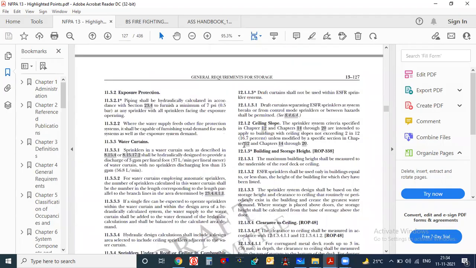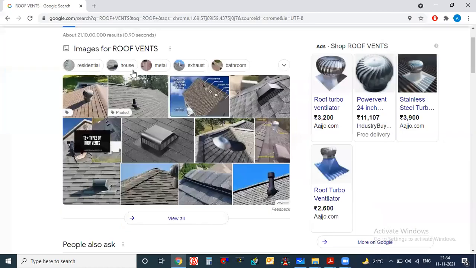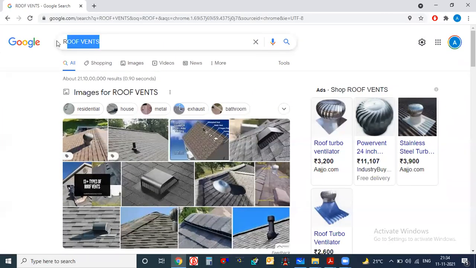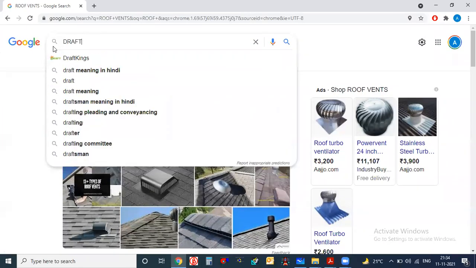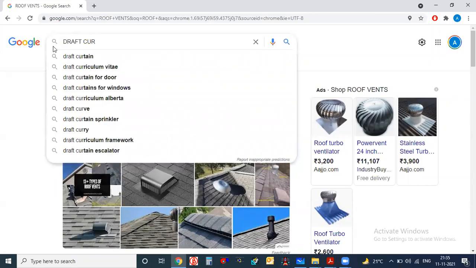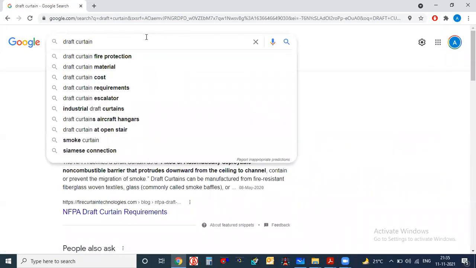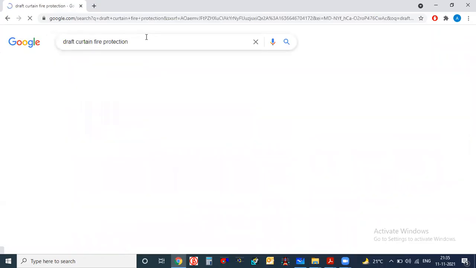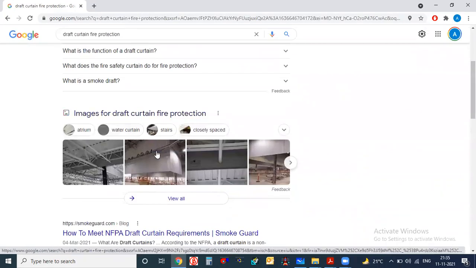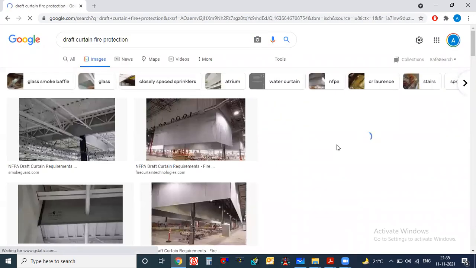And some points are written here about draft curtains shall not be used within ESFR. Let us see what is the meaning of draft curtain. Just by seeing it here, I think we will understand. Draft curtain. Okay, we will search fire protection draft curtains.